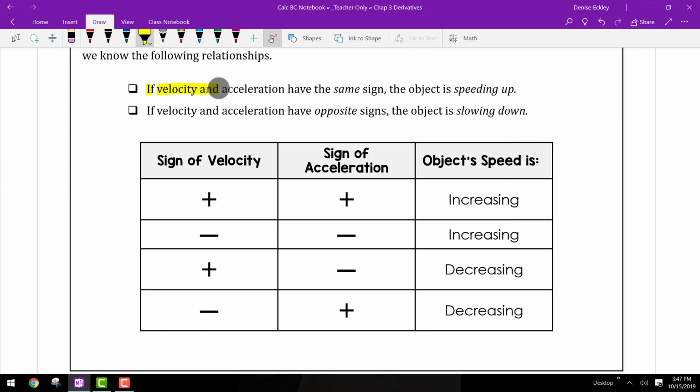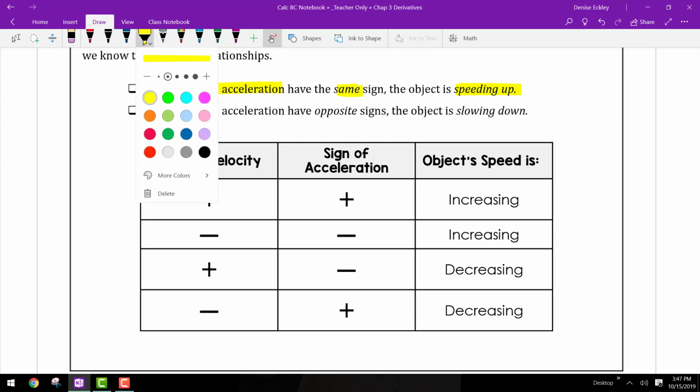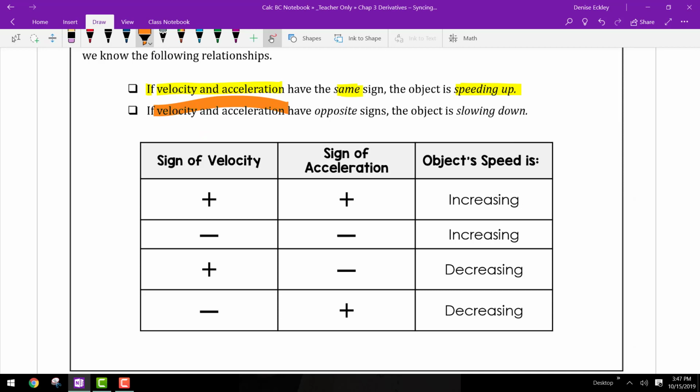If velocity and acceleration have the same sign, you're speeding up. If velocity and acceleration have opposite signs, the object is slowing down.